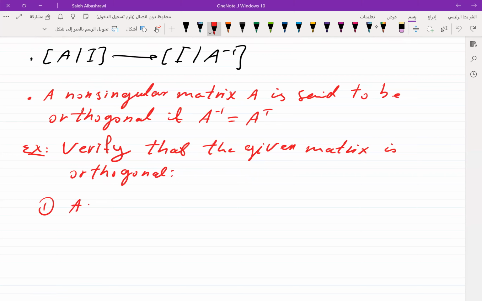First one, A is given by sine theta, cosine theta, minus cosine theta, and sine theta.